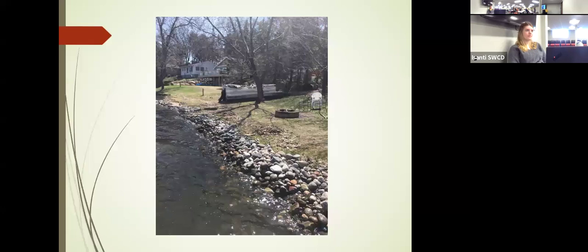So here is an example of rock. And I know rock can be beneficial in some cases to prevent wave erosion and some of that stuff. But it really just focuses on erosion and has no filtering component.